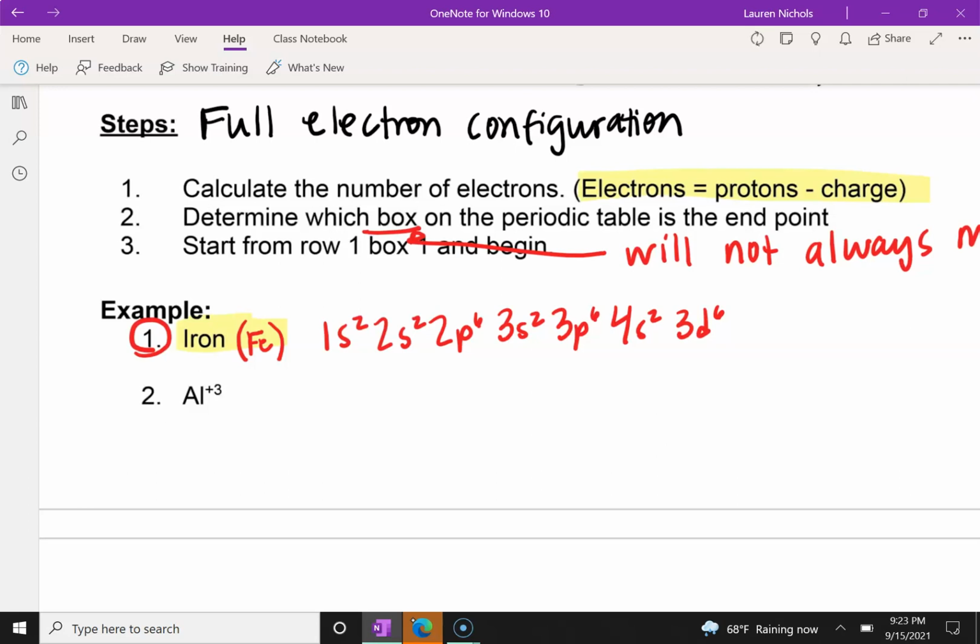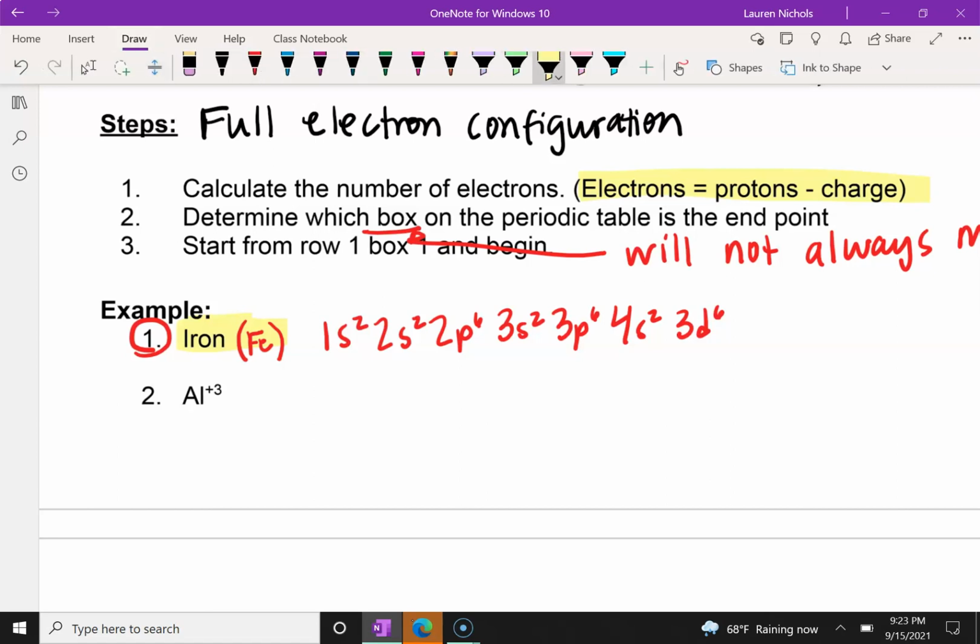And that was because we had 26 electrons. Now, if you were to highlight all of our electrons here, my exponents added together equal my 26 electrons. So if you know you need 26 electrons, then those should add up, okay?